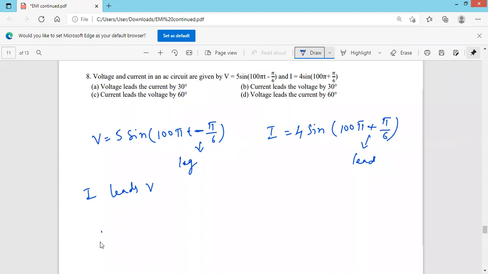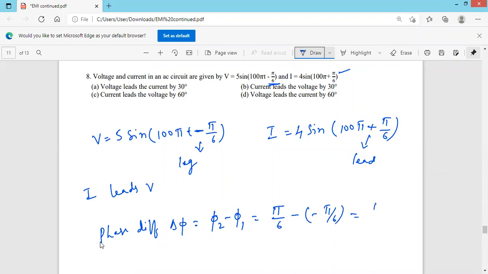The phase difference delta phi is equal to phi 2 minus phi 1. Here phi 2, current, is pi by 6, minus phi 1, this is phi 1, minus of pi by 6. That gives minus into minus is plus, plus pi by 3.